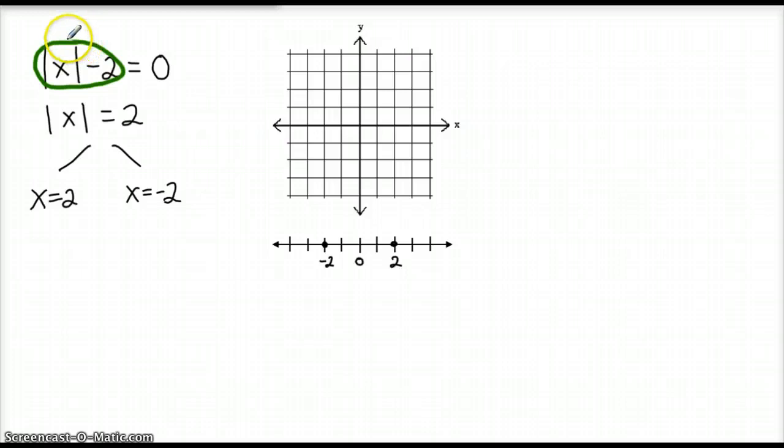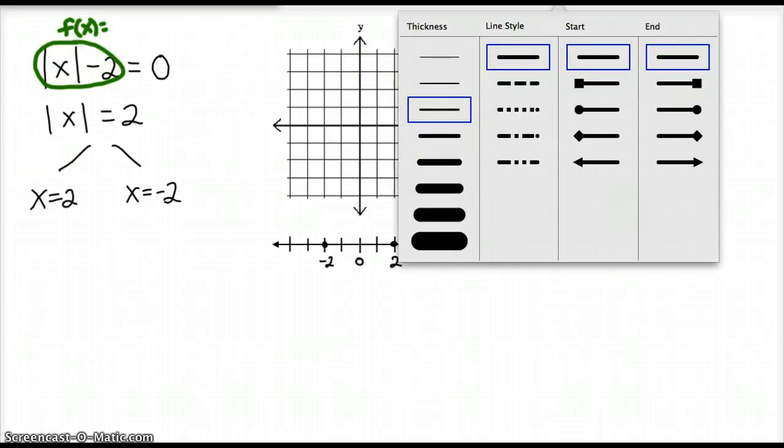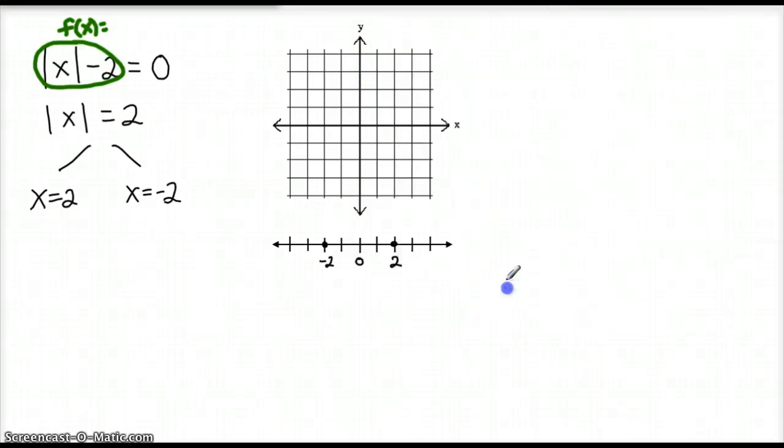Wonder if this expression over here on the left-hand side, we considered that a function of its own. So let's say f of x equals the absolute value of x minus 2, and I'll even write that over here: f of x equals absolute value of x minus 2.